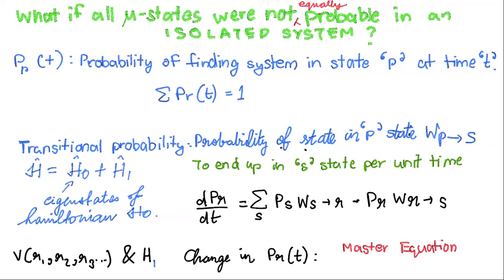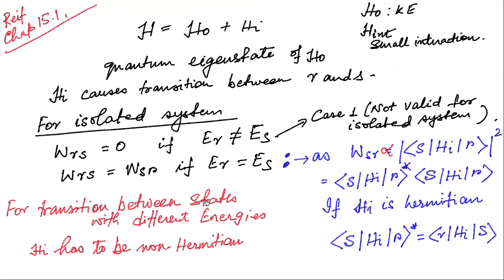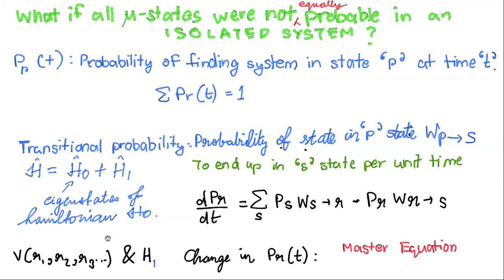You're just saying the number of particles coming in minus the number going out is equal to the change in the number of particles in a certain box, if you like. That's how you could visualize it. But this is really in terms of quantum states or microstates.